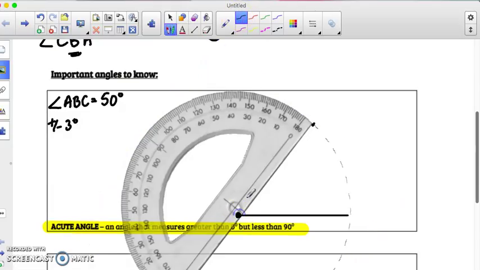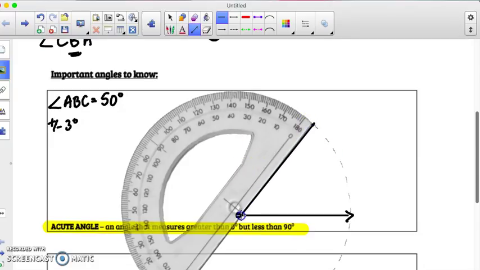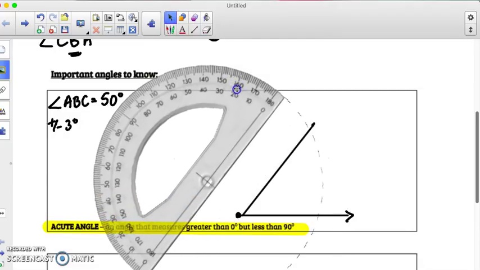The vertex that you drew here on your bottom ray and the line you drew to mark where 50 degrees is should line up so that when you're drawing your line here, right against the edge of your protractor, the straight edge, you've drawn your angle, okay?